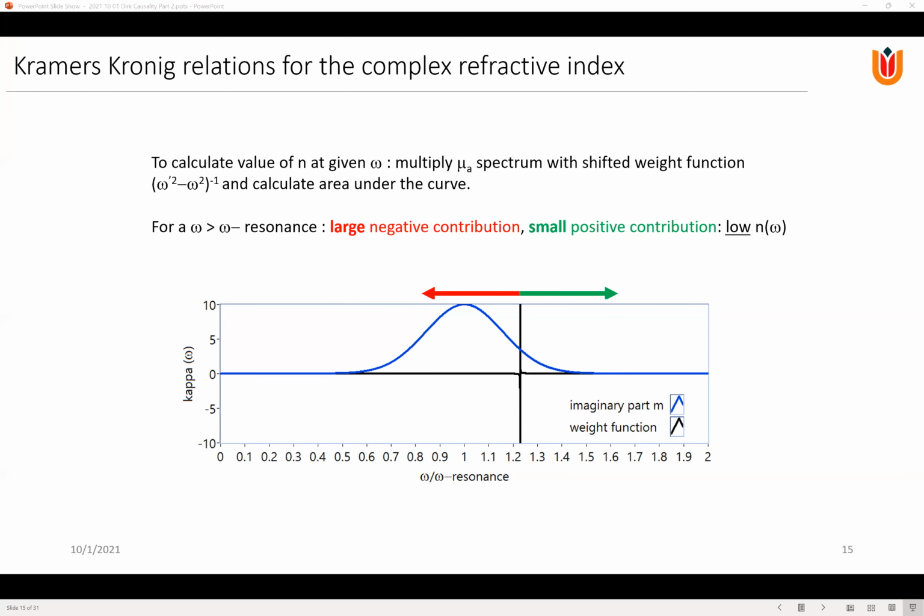And you have to do that for each and every frequency, for each and every step. So the weight function is going to move. Start from the left of the figure, and then move to the right. And each time we will just calculate the area under that curve. That is what you're going to see in this graph, as a function of frequency.